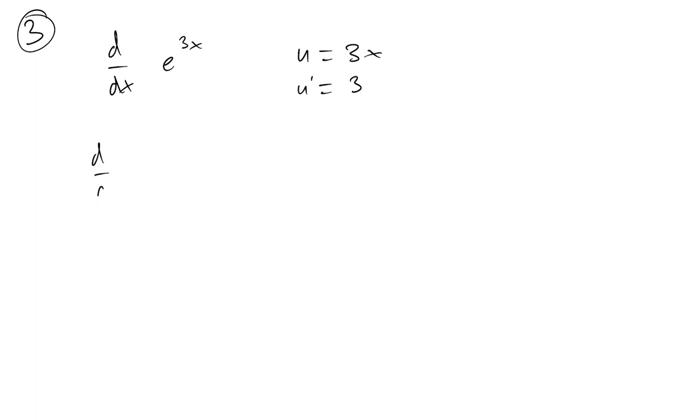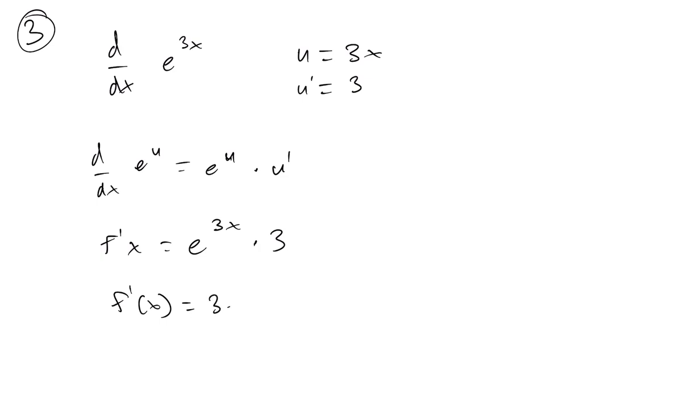So the derivative of e to the u is equal to e to the u times u prime. So now that we wrote that out, let's just substitute back. F prime of x is equal to e to the 3x, which is u, times u prime, which is 3. And then when we simplify this, f prime of x is equal to 3e to the 3x.